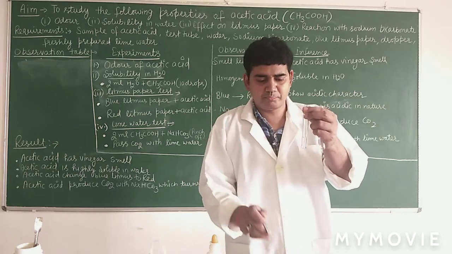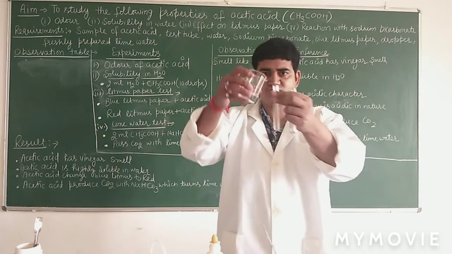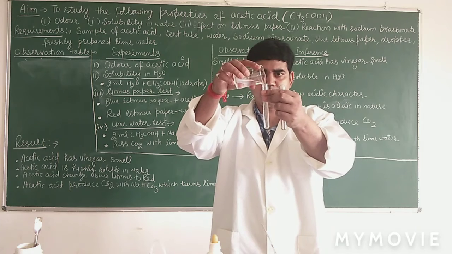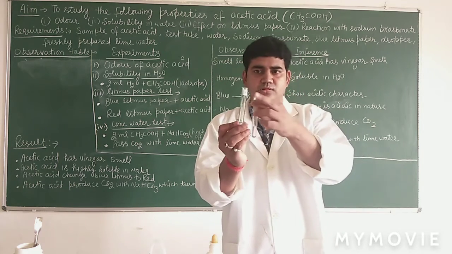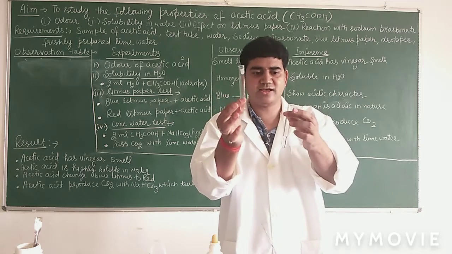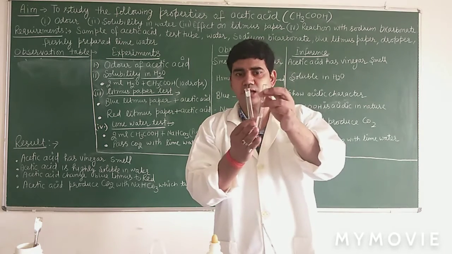Add some lime water in the second test tube. You can see here the test tube with the mark is acetic acid having a vinegar smell, and the other test tube is the lime water.